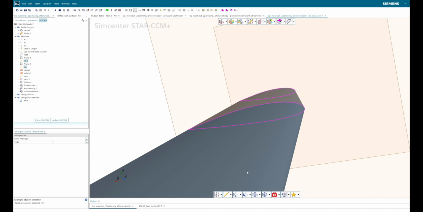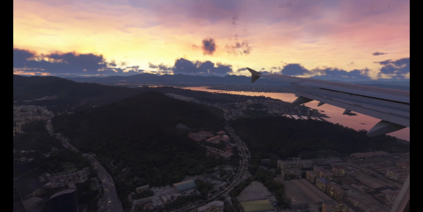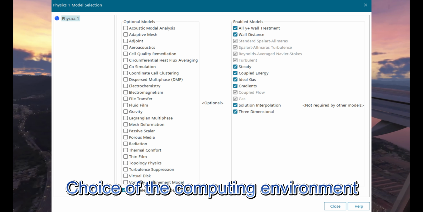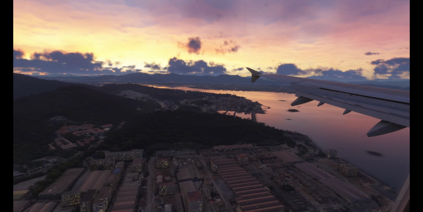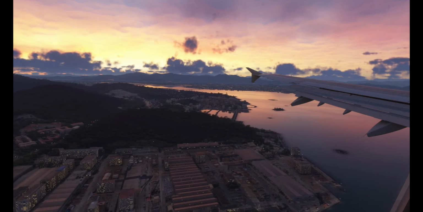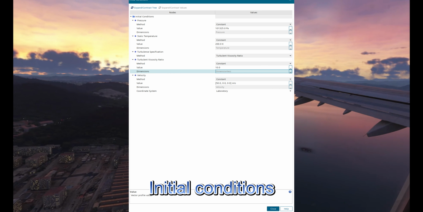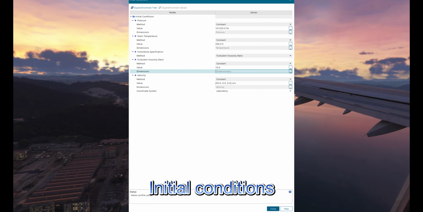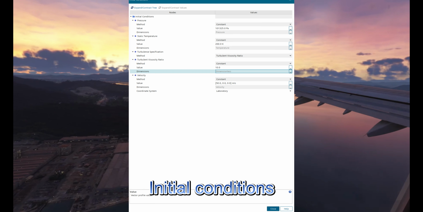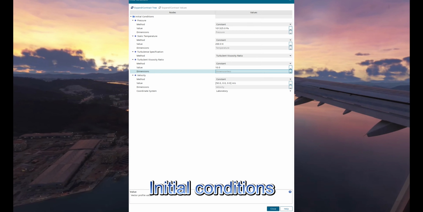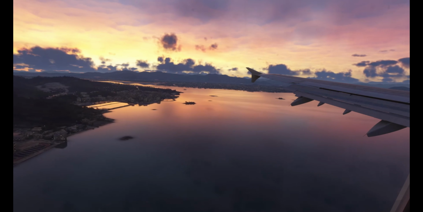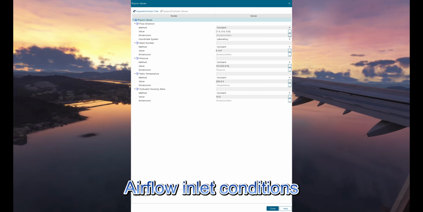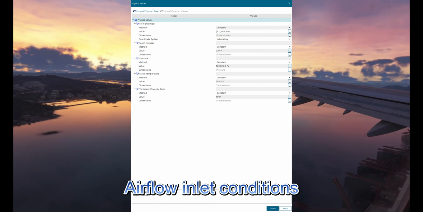stall characteristics. For the computation, I used the same environment as in the 2D case. Since we are considering the maximum loads and moments, the calculations use standard sea-level static pressure of 113,250 pascals and a static temperature of 288.15 kelvins. The flow is treated as incompressible, with a density of 1.225 kilograms per cubic meter.